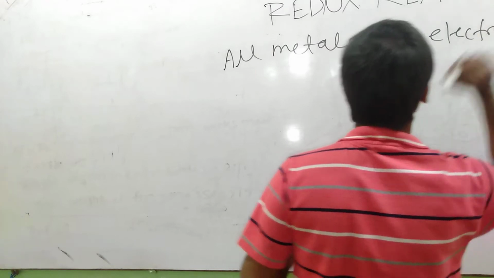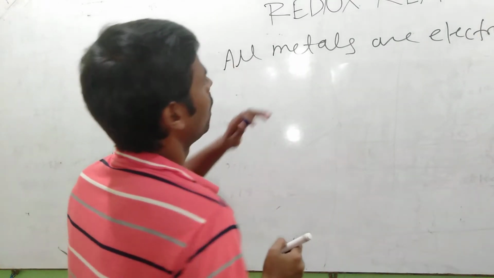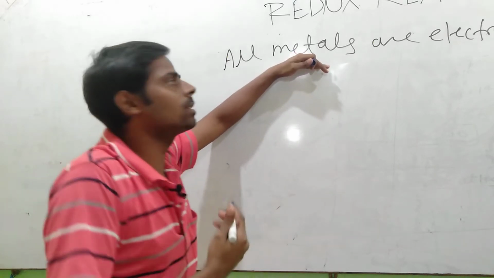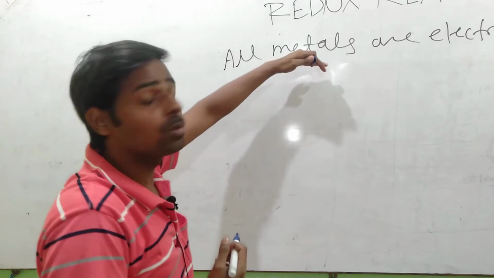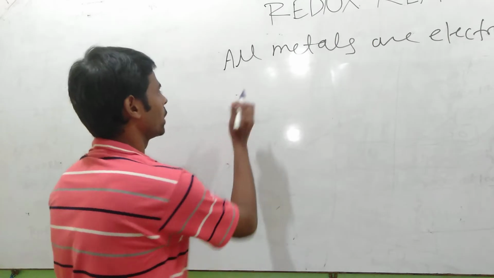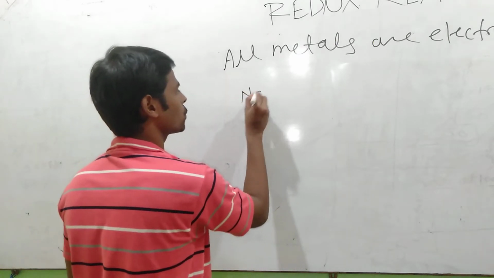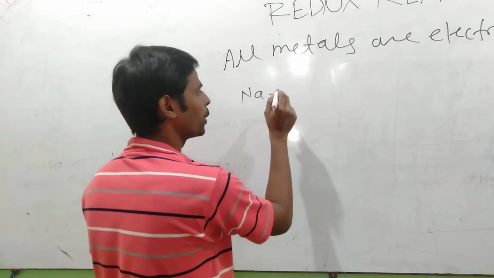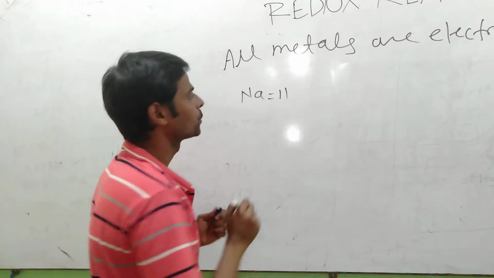Electropositive means what? Metals lose electrons. Why do they lose electrons? Let's see by giving an example. Suppose this is sodium metal with atomic number 11.